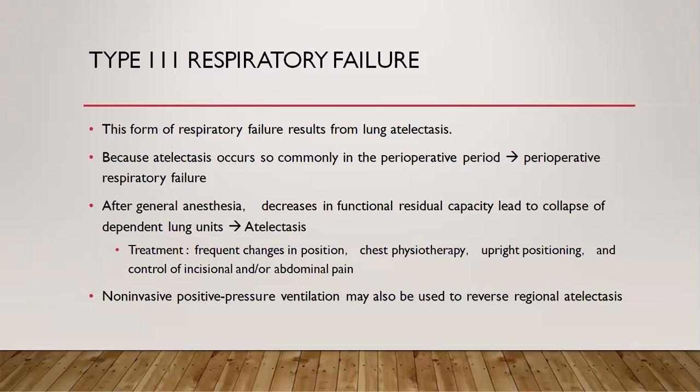After general anesthesia, there is a decrease in the functional residual capacity of the lung, leading to collapse of the dependent lung units, hence causing atelectasis. That's why you always instruct your post-op patients to do frequent changes in position and to do chest physiotherapy.